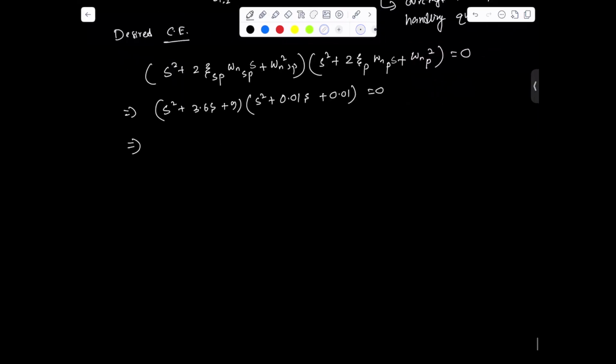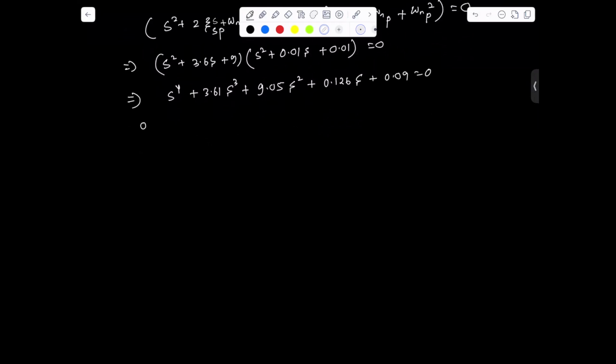And if you multiply both polynomials, we have s to the 4 plus 3.61 s cube plus 9.05 s squared plus 0.126 s plus 0.09 equal to 0.